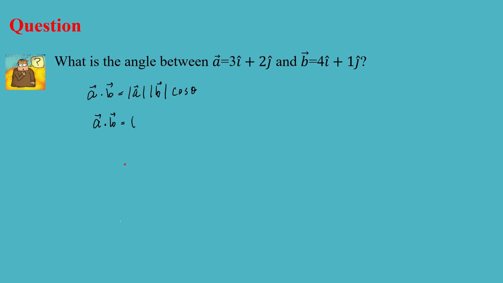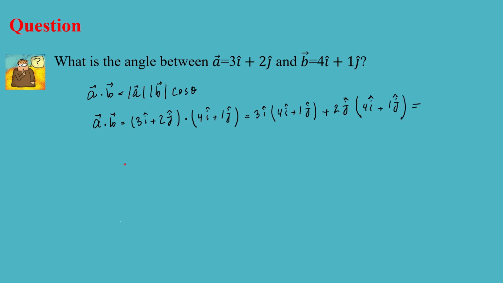So my A here is going to be 3i plus 2j dot, and then my vector B is going to be 4i plus 1j, right? And then here it's going to be 3i times 4i plus 1j plus 2j times 4i plus 1j. Let's look at the first part right here.